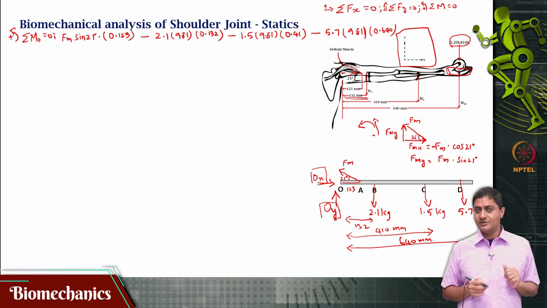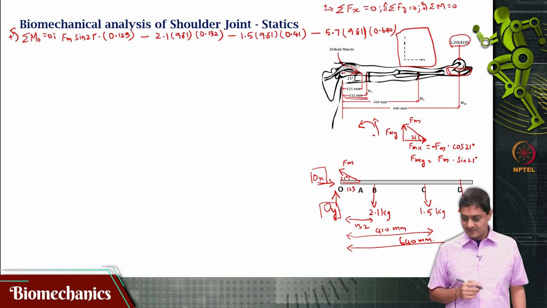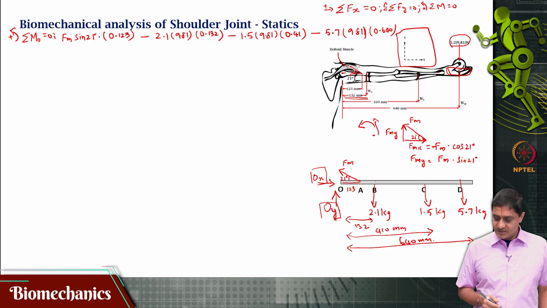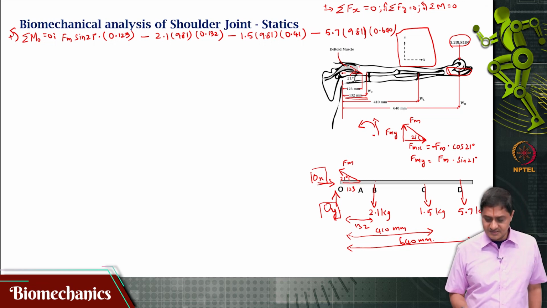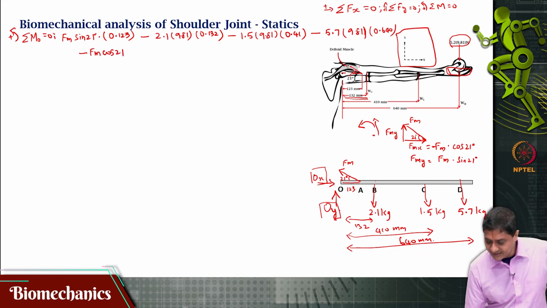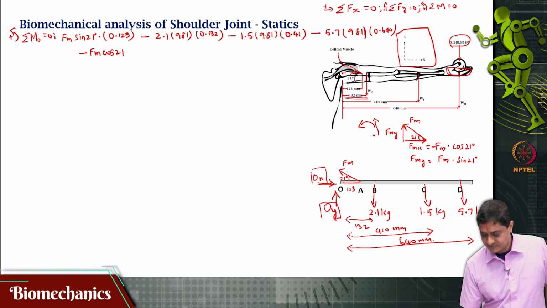I said we will also write out the x component. What is this x component? X component is Fm cos 21, is it not? If there was, that would be minus Fm cos 21, but it is acting along the x axis.